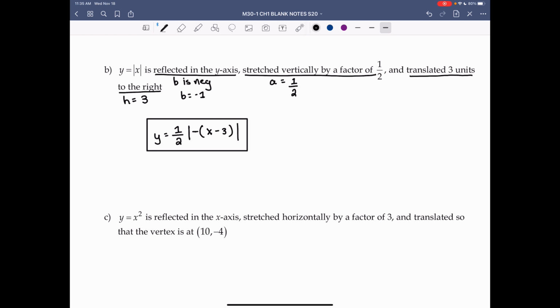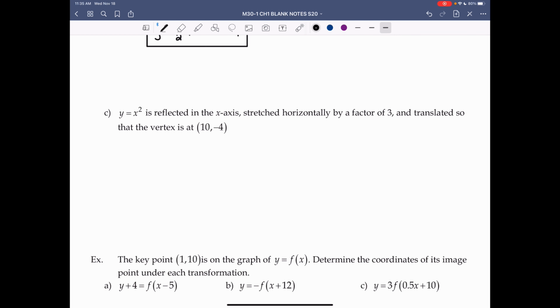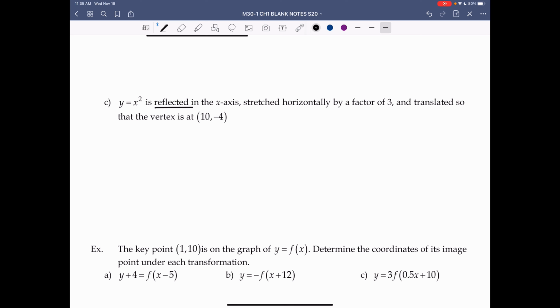C, y equals x squared is reflected in the x-axis. That means a is negative, stretched horizontally by a factor of 3. Then b is the reciprocal of 3, which is 1 over 3, and translated so that the vertex is at 10, negative 4.